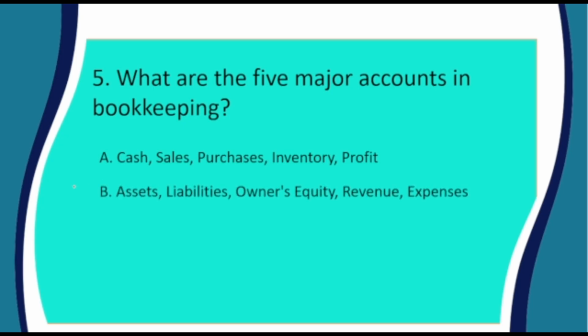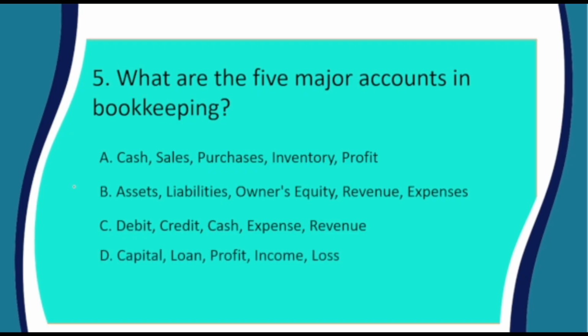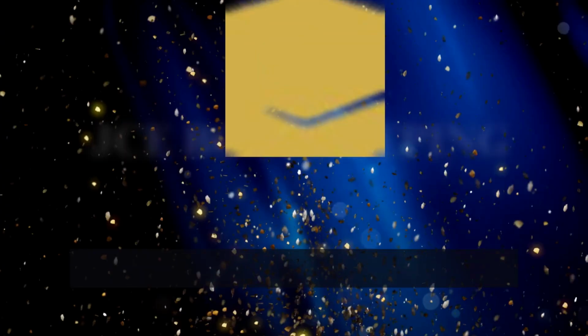B. Assets, liabilities, owner's equity, revenue, expenses. C. Debit, credit, cash, expense, revenue. And D. Capital, loan, profit, income, or loss. Alright, the correct answer is letter B, which is assets, liabilities, owner's equity, revenue, and expenses.